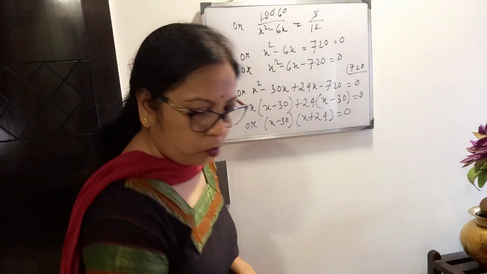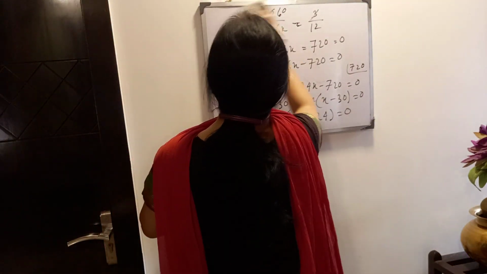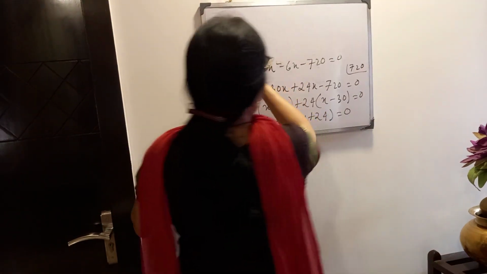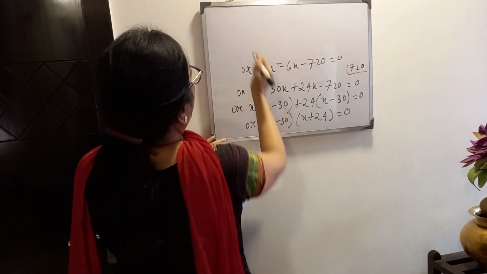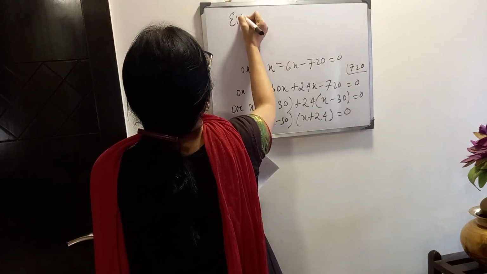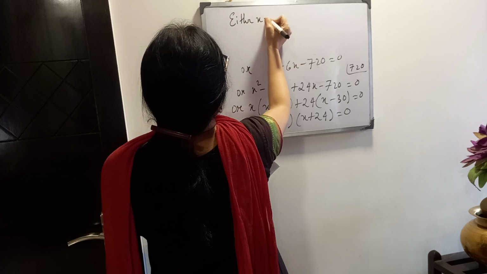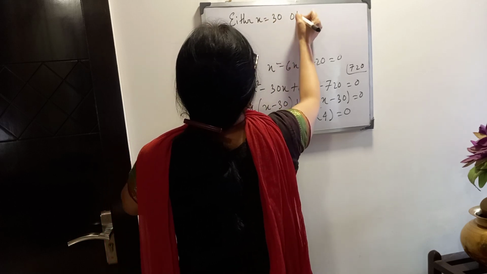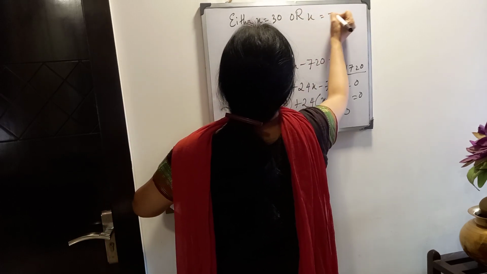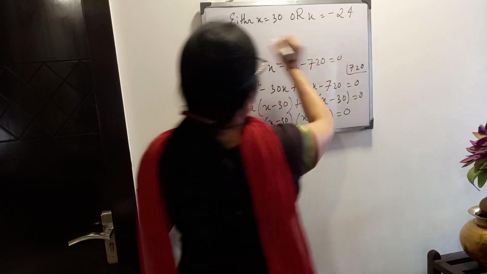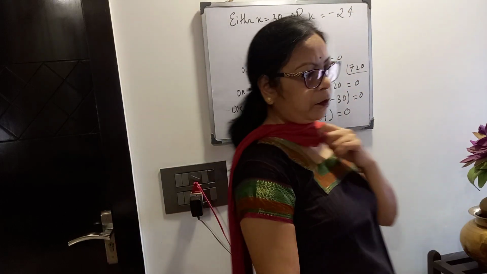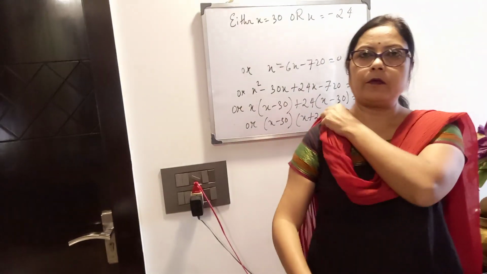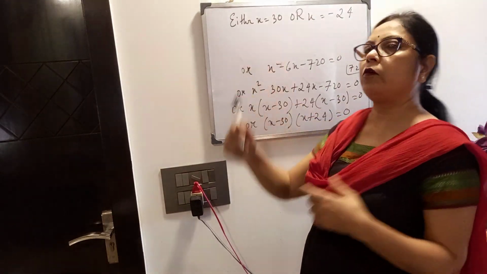So either x equal to 30 or x equals to minus 24. After that you will write down, as price cannot be negative, therefore you will consider x equal to 30.